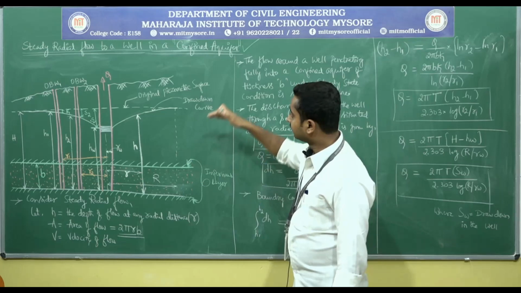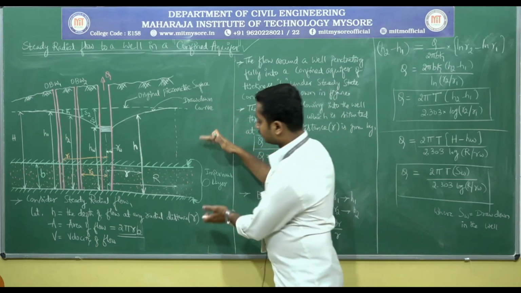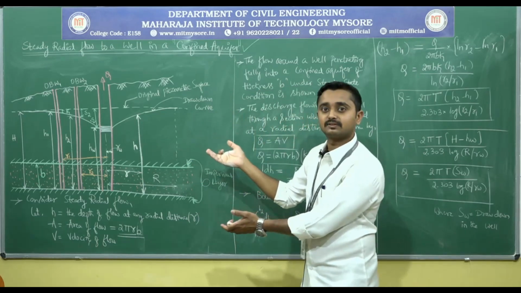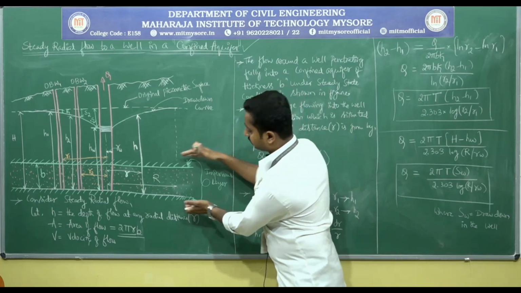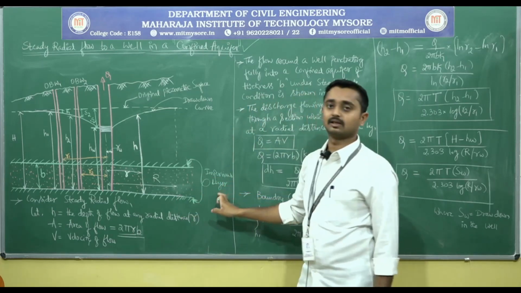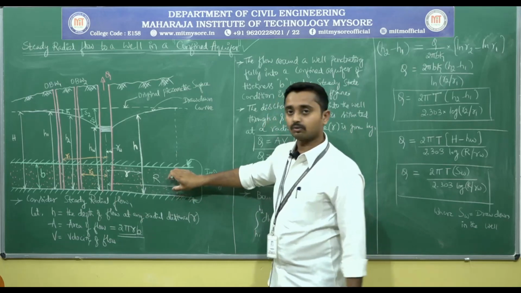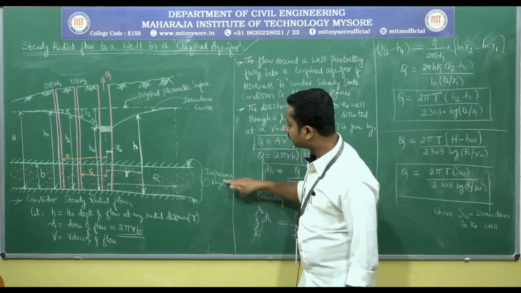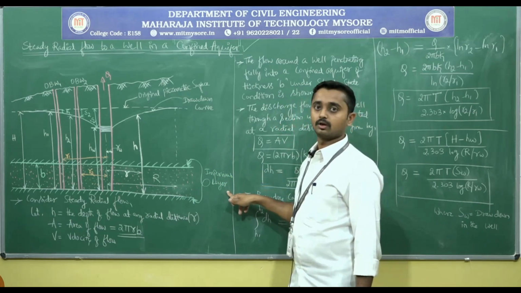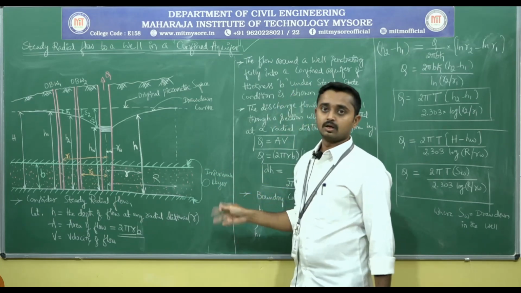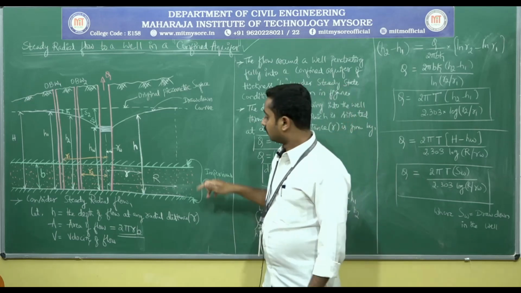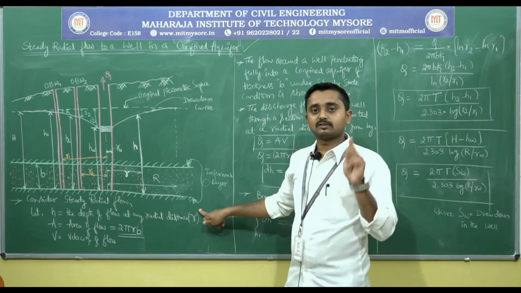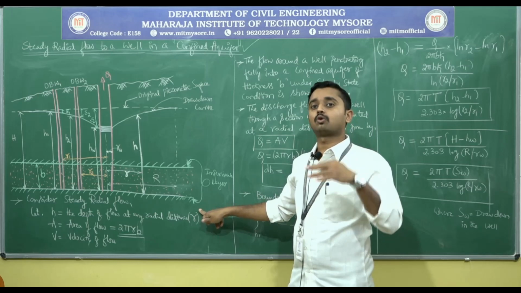Carefully observe, in the case of a confined aquifer, as the name itself suggests, the water is confined. There are two impervious layers, so this water is confined between two impervious layers. In the previous derivation there was only one impervious layer, because that is unconfined and the water level is open to atmosphere.